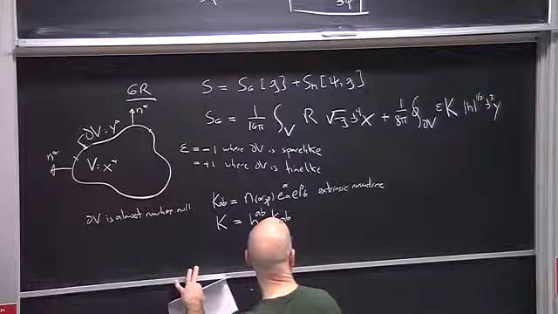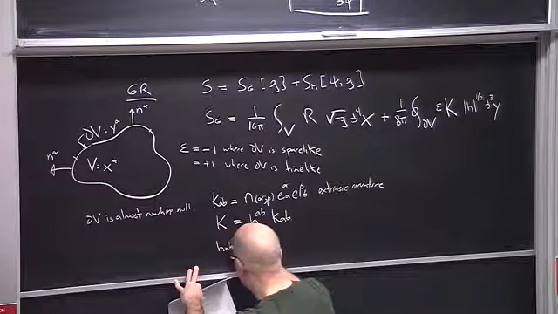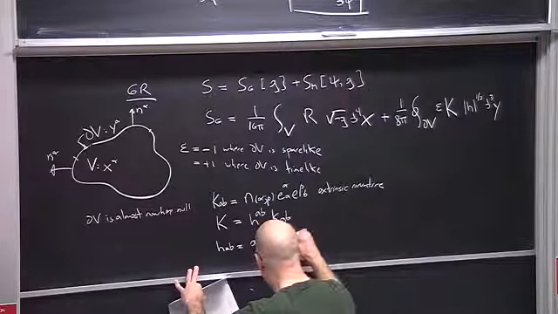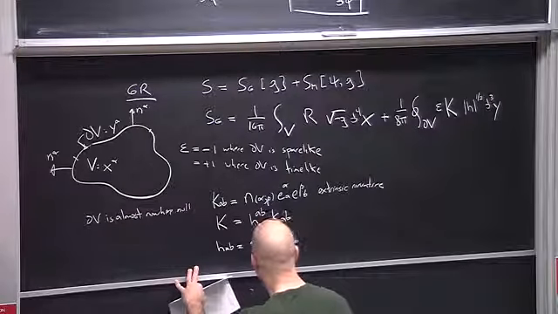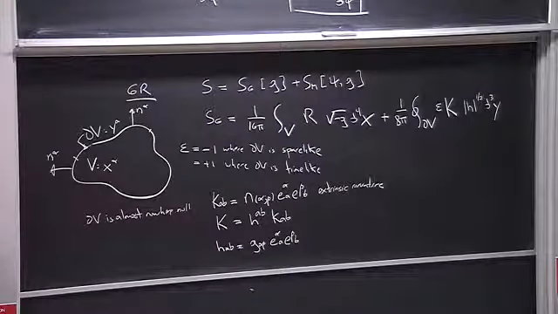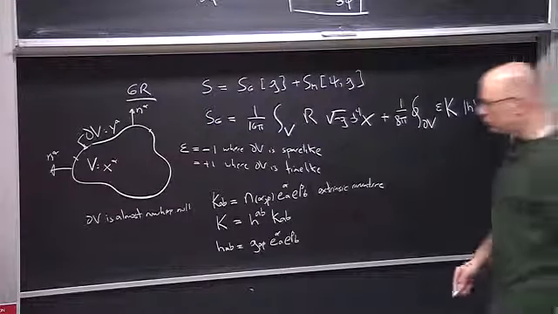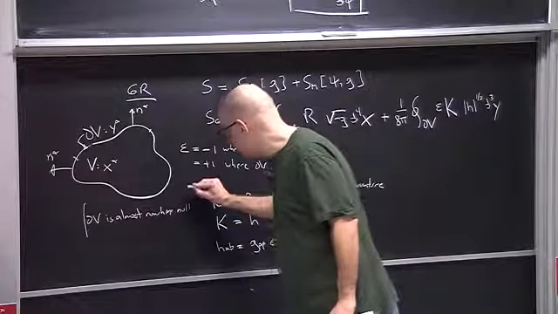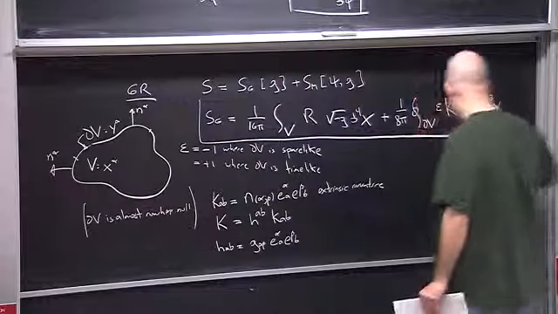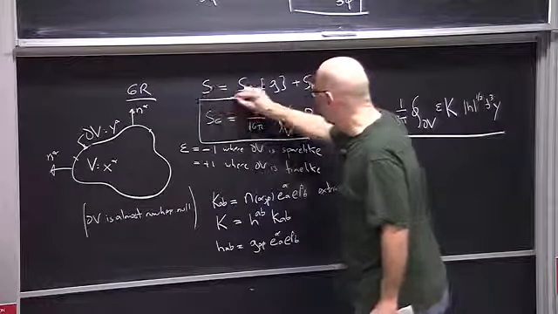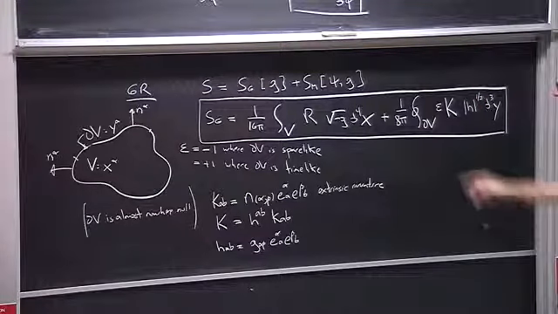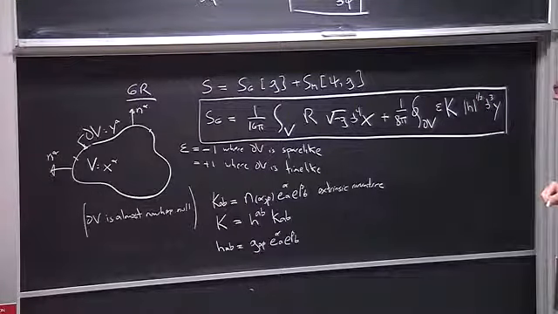And I guess the only other thing I need to specify is that HAB is going to be the induced metric on the boundary, inherited from the space-time metric. And of course, H over here is the determinant. So those are all the definitions. And the claim is that this is the full gravitational action. That includes a bulk term and also a boundary term.